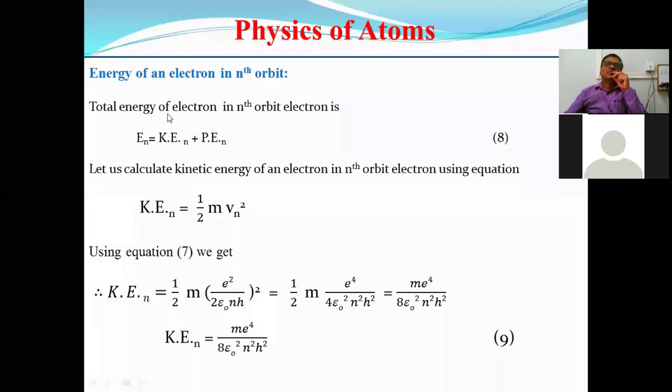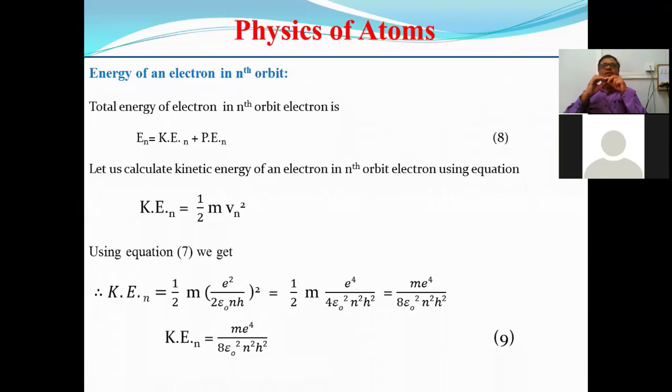Now, total energy of electron in the nth orbit: because the electron is revolving, that is, having a circular motion, the electron has a kinetic energy and also a potential energy. That means to find the total energy, we have to calculate kinetic energy and the potential energy.